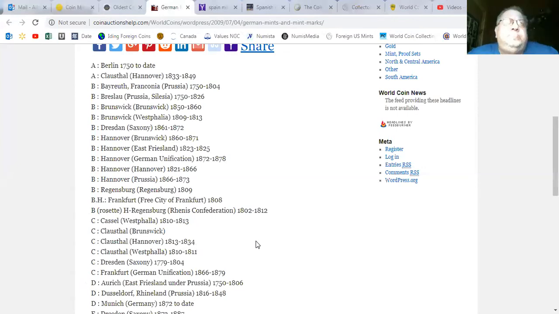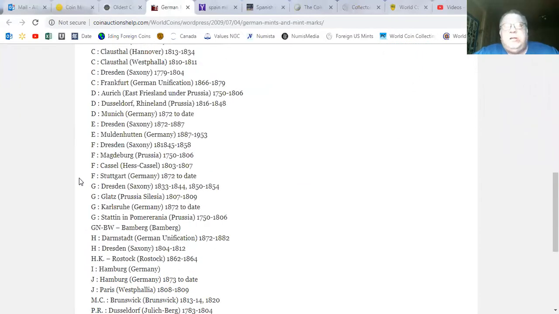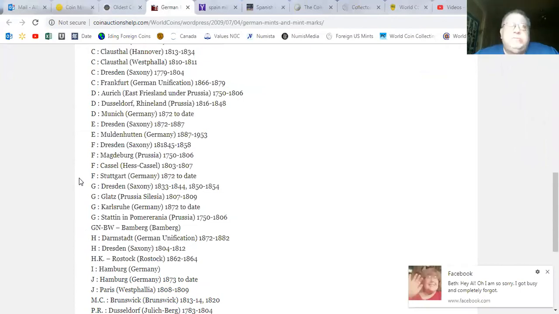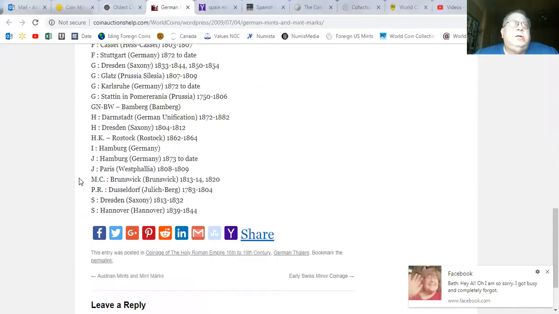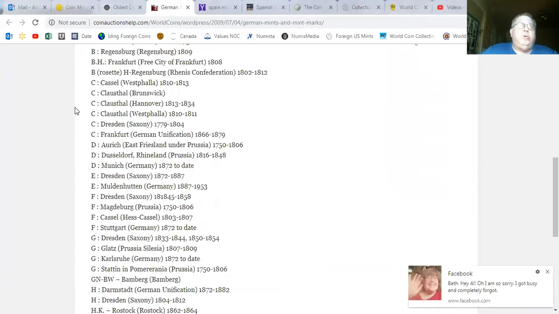So, anyways, these letters, a sign on the coin, tell you what mint it came from, and they seem to have quite a few. All the way up to, you got MC Brunswick from 1813, 14, and 20. So this is good to remember, or keep in a thing, when you're finding German coins.